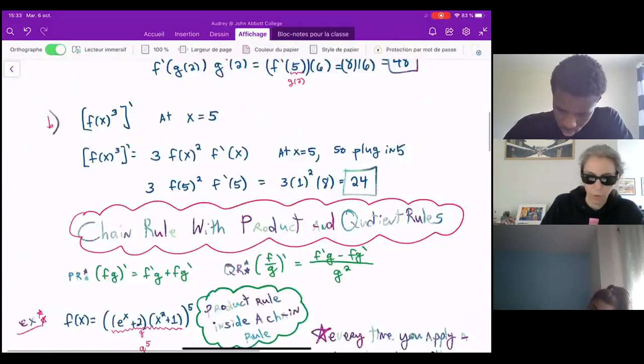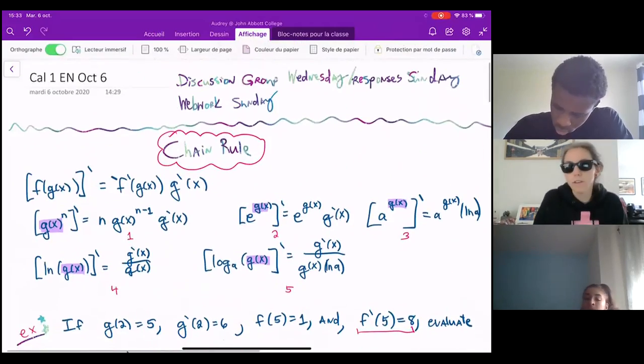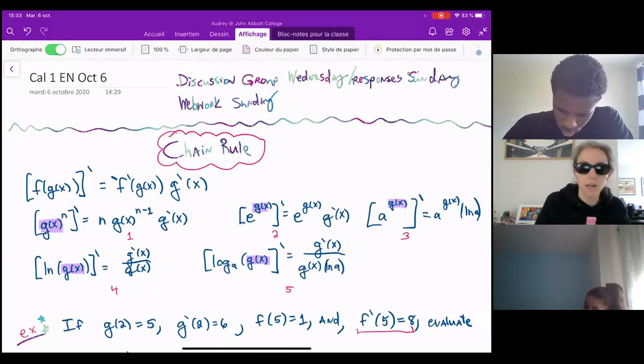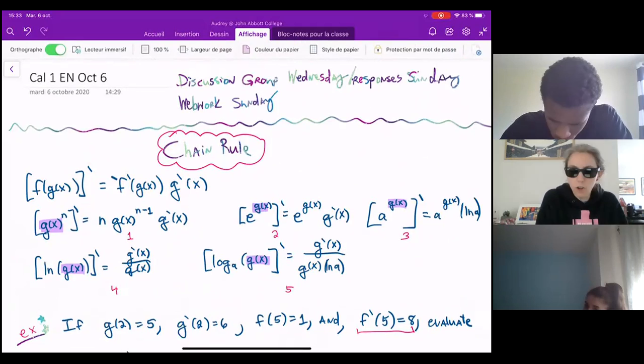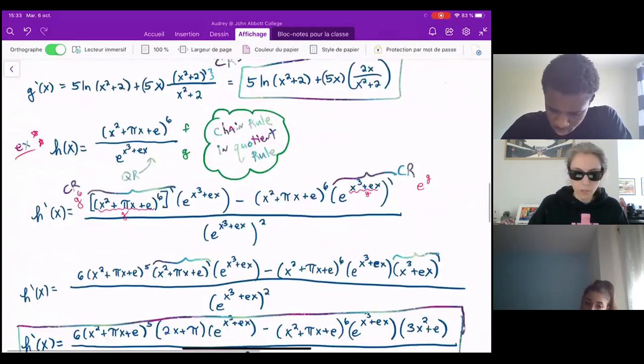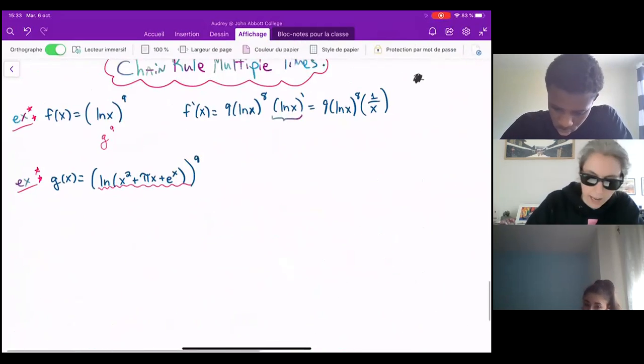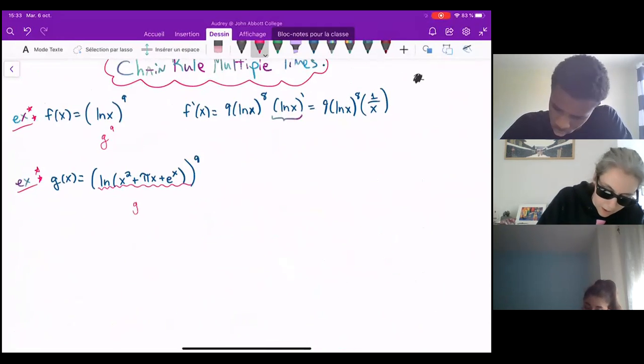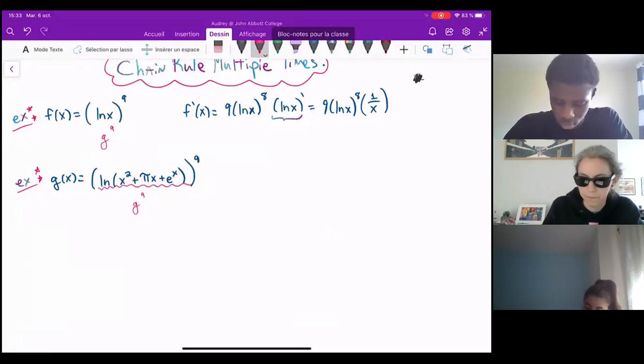So once again, I'm not using 4. I'm not starting with 4. That's going to come later. I have ln of g, but that whole thing is to the power of n. So this is actually 1. I have a function that's to the power of 9. Doesn't matter what that function is. I've just identified I have a whole thing that's to the power of 9. So once again here, I can think of this as g to the power of 9.